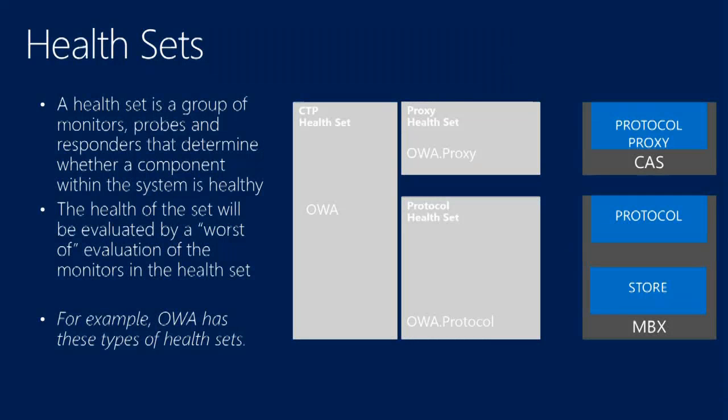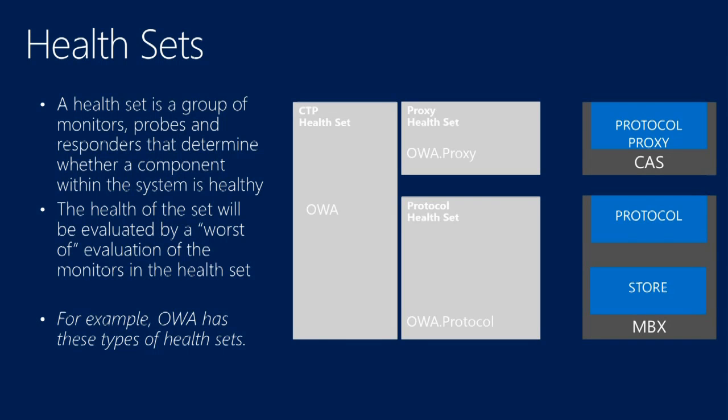Okay, so now in terms of the health sets, this is very similar to that customer touchpoint slide we saw before with those 4 levels of probes. The health sets, as you can see, OWA has 4 types of health sets, again using OWA as an example. This is just like the other slide that you saw, except it doesn't have those numbers on it.